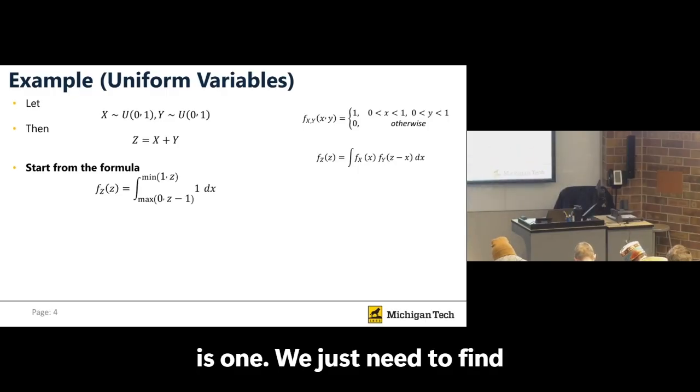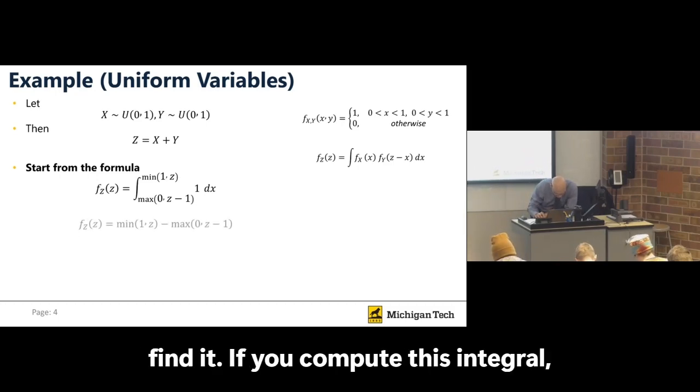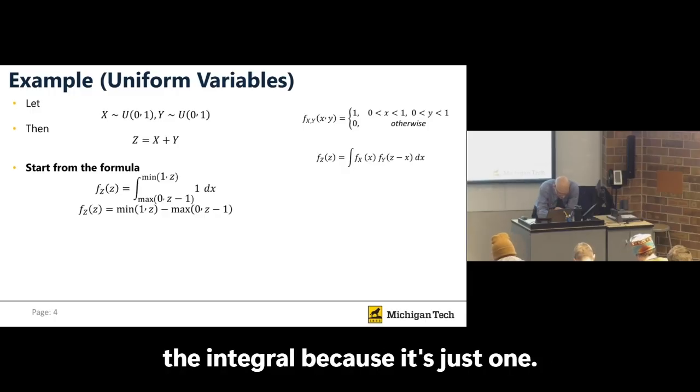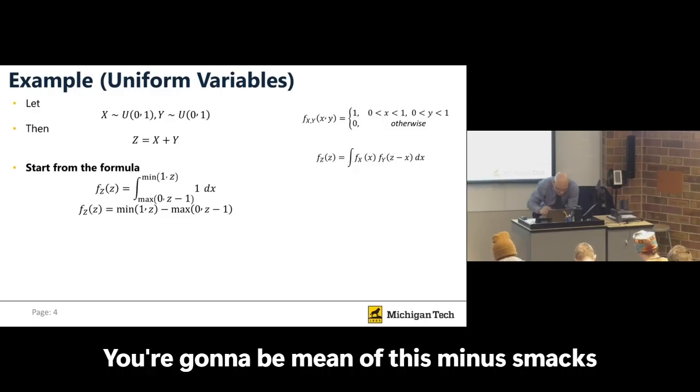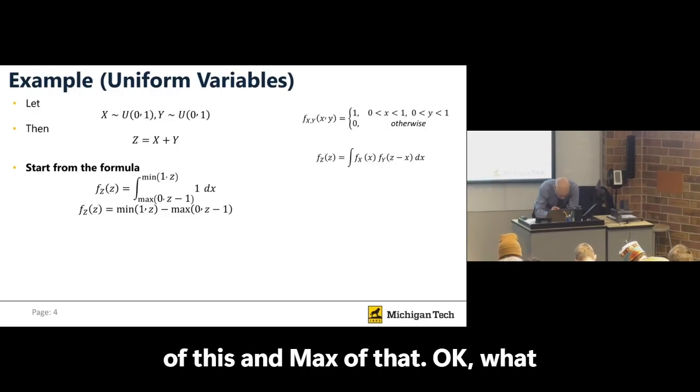If you compute this integral, because it's just 1, it is going to be the min of this minus the max of this. We just need to find the min of this and the max of that.